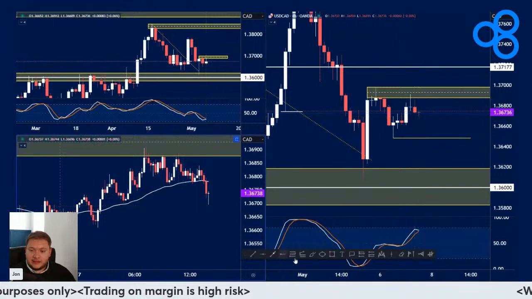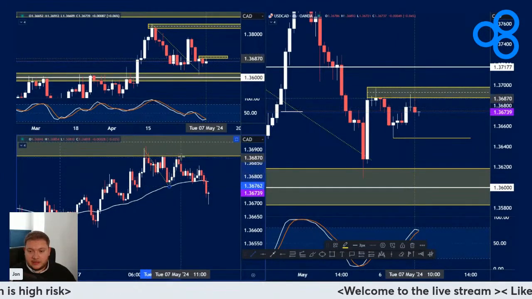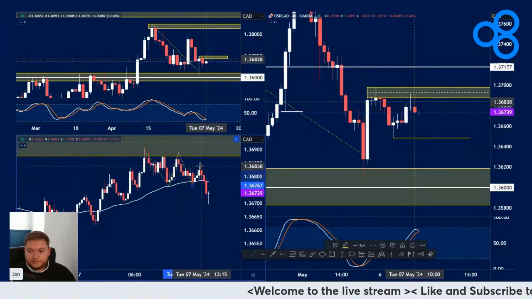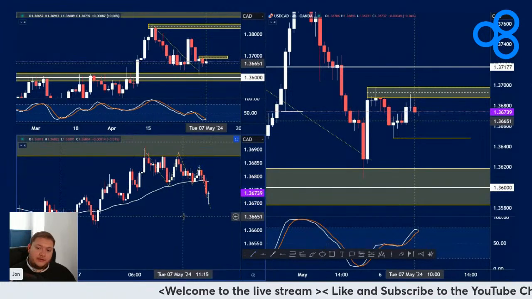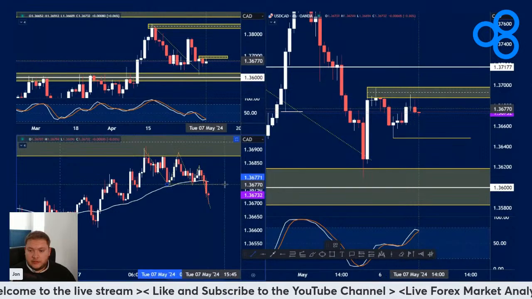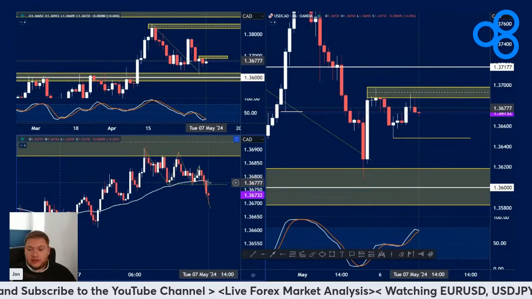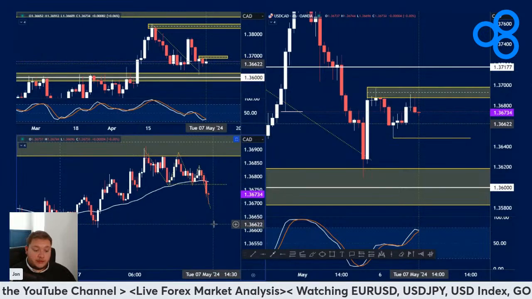I'm just waiting to see if I get a confirmation. What I'm looking for is what's happening here now. You can see the market's making lower highs, and now it's made a new low. If I get a second close below these swing lows here, I'm more happy with the idea of price moving lower.